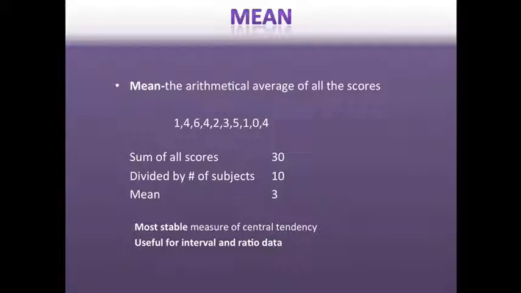Now, why can't you use it for ordinal data? Well, the reason for that is, let's go back to socioeconomic status. Remember, you have different intervals between these different categories. Even if you can rank them from lowest to highest, your top level there might be 150,000 plus. Well, what if Bill Gates is in that sample?